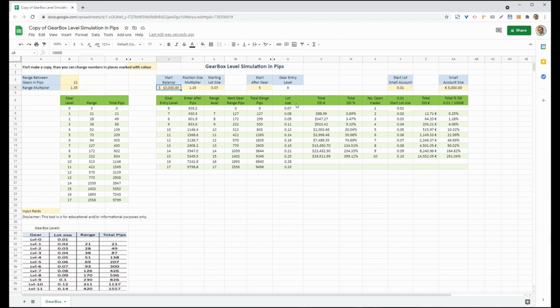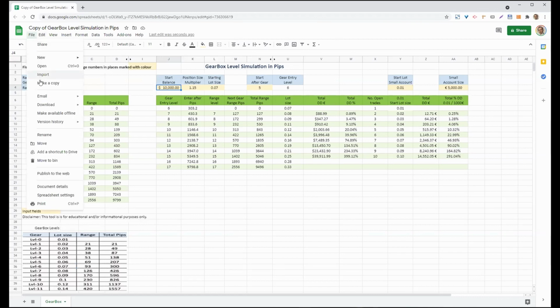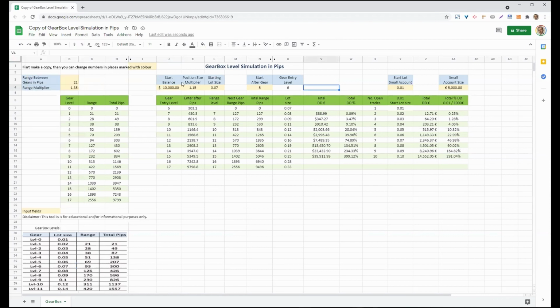This is just to see the numbers of how much money you have in one currency. So this is basic: when you make a copy, you can change this format. How do you want to see it, euro or dollars? So that's it. That's awesome. Thank you so much.